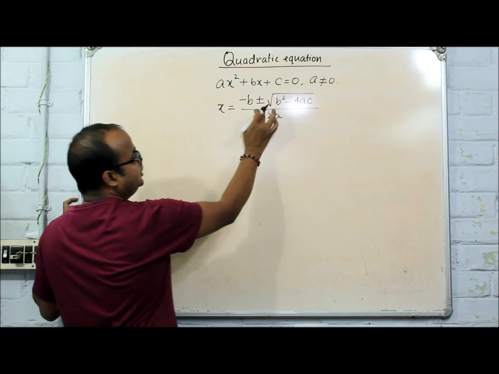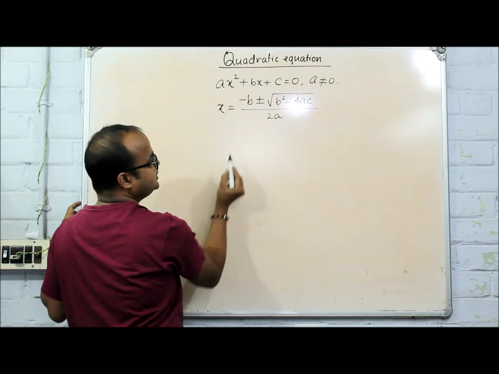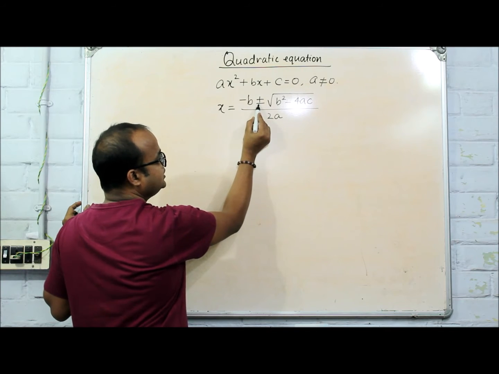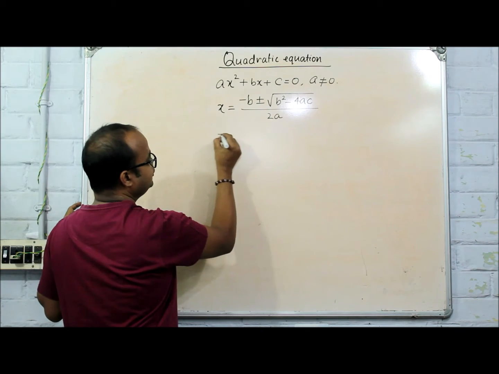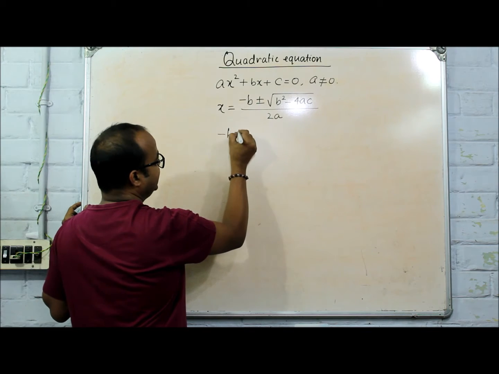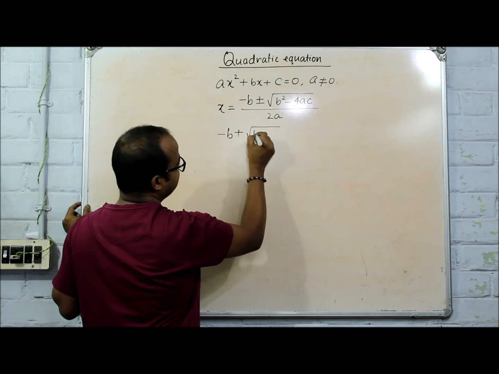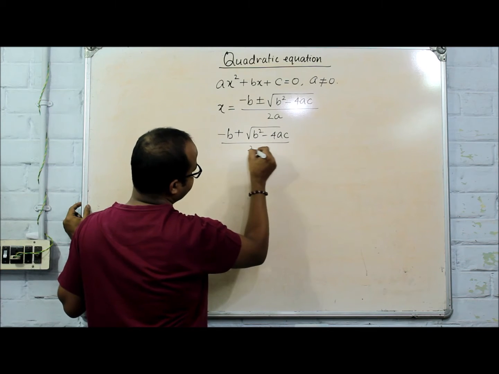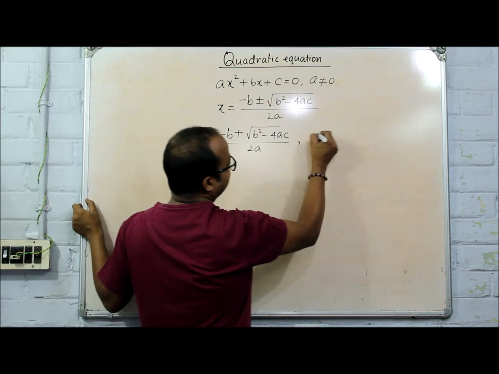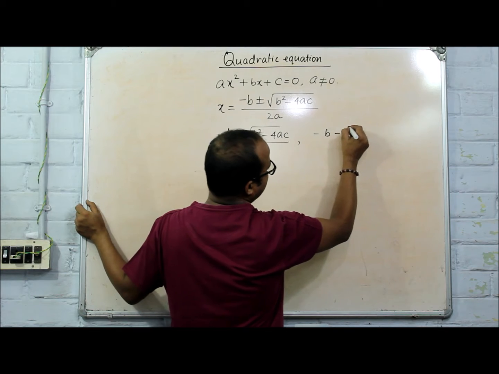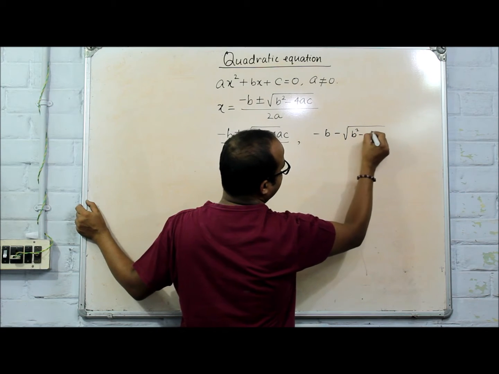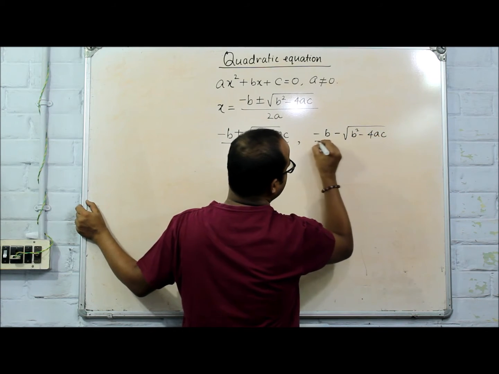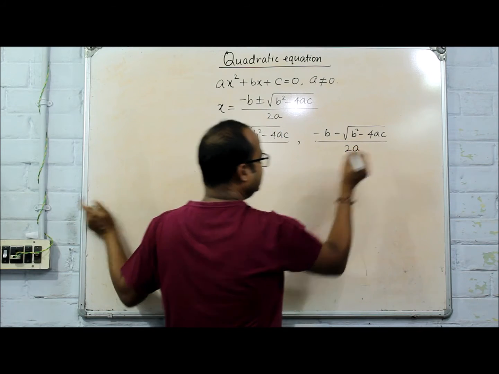One time we consider plus and next time we consider minus. That is, x is equal to minus b plus square root of b square minus 4ac by 2a, and x is equal to minus b minus square root of b square minus 4ac by 2a.